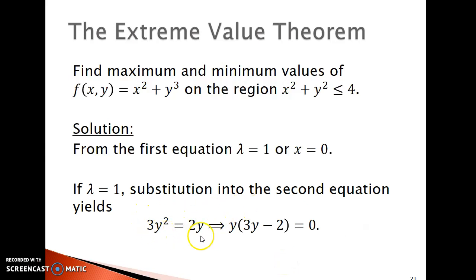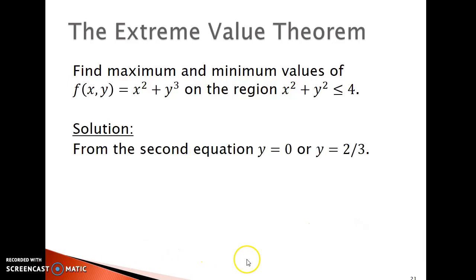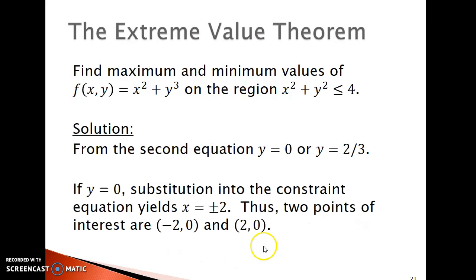If we move the 2y over to the other side and factor, you would have y times 3y minus 2 equals 0. Thus, y is equal to 0, or 3y minus 2 equals 0. Solving for y tells us y equals 2/3.